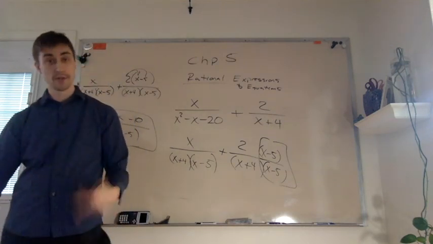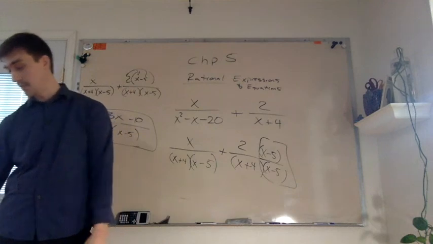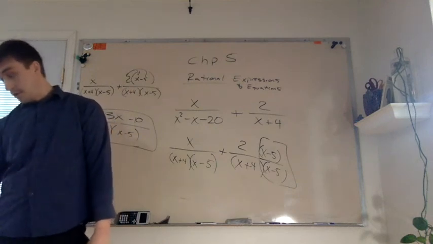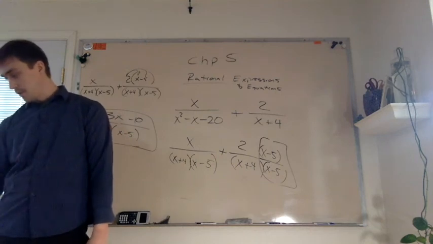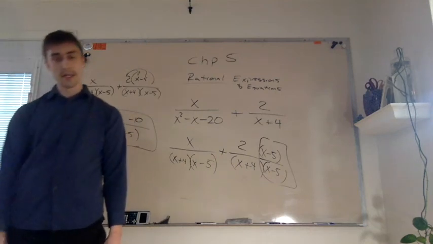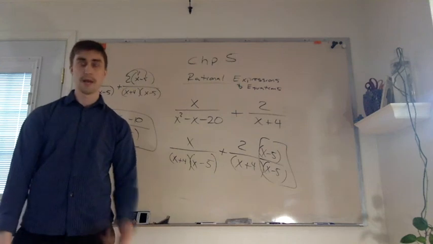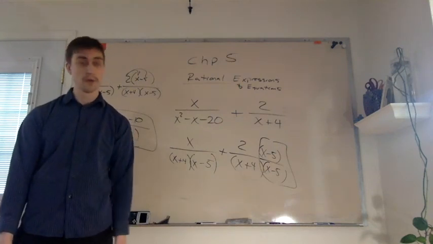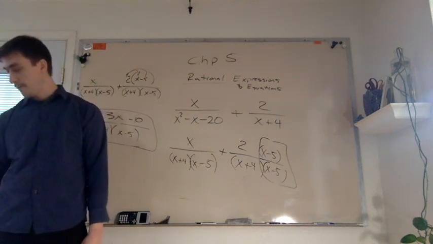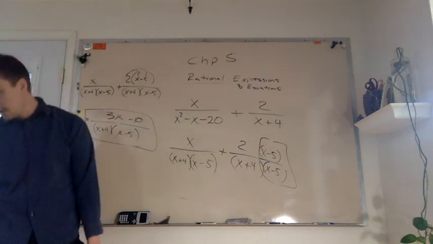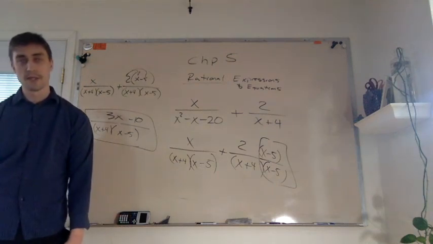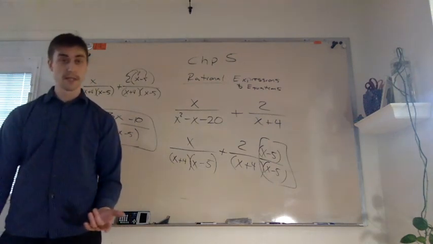There's a lot of other stuff in the chapter that we're axing. 5.6 is some application problems, word problems, which would be really good for anybody that's taking physics or chemistry or biology. You're going to be doing a lot of stuff like that from 5.6, so maybe it's worth a look. 5.7 is formulas. For 5.6 and 5.7, you might want to take a look if you're going to be taking those types of natural science classes.